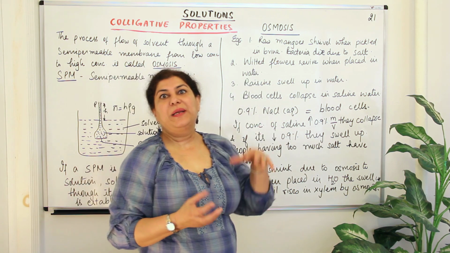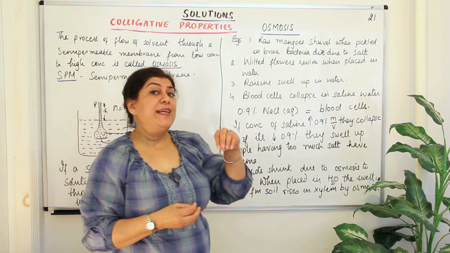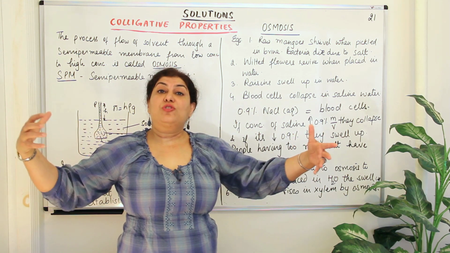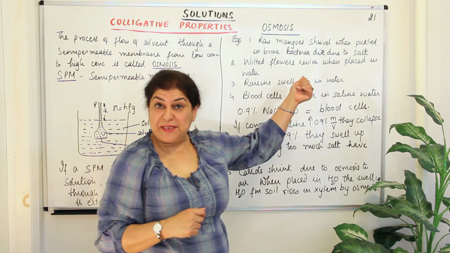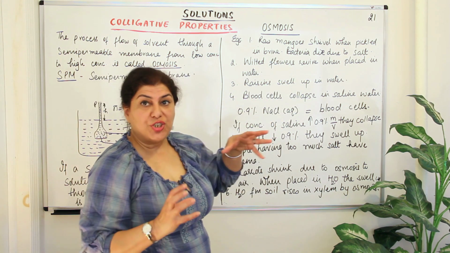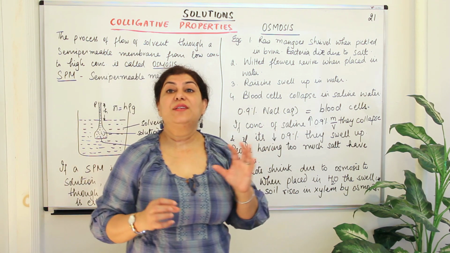In a way, you're kind of pickling the blood cells. If you put blood cells into saline water, they would lose the water by exosmosis and the blood cells would collapse, just as bacterium did. So they would collapse. The concentration of blood is 0.9% sodium chloride solution.